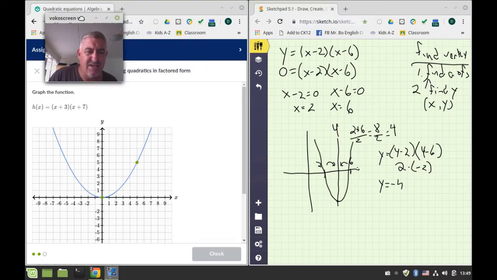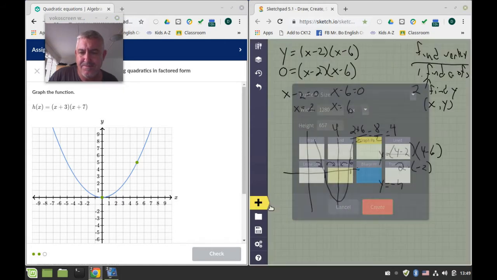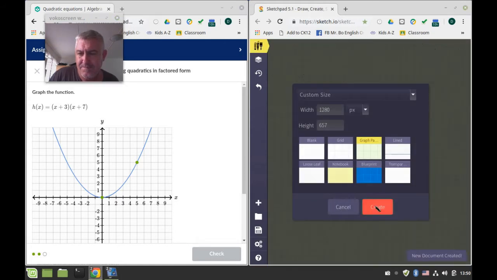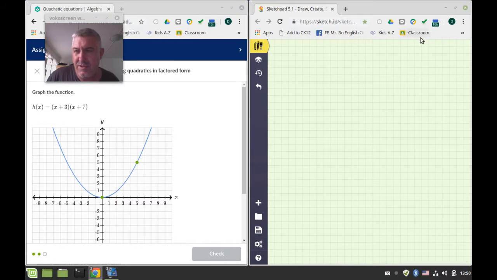Let's take a look at the next one. This is a new one. Always read the directions. Graph the function. So it wants us to graph a parabola.